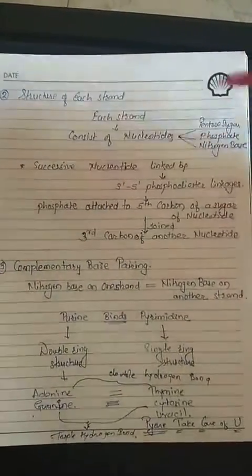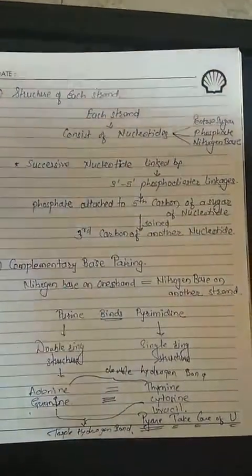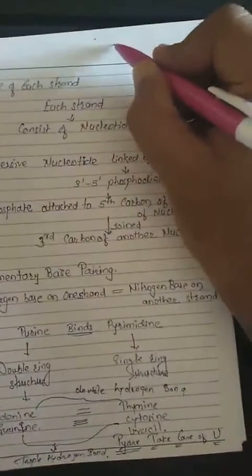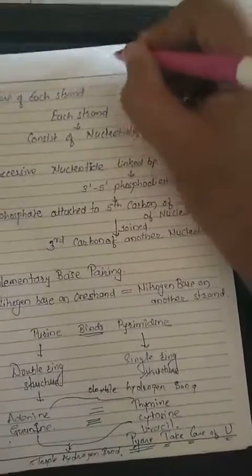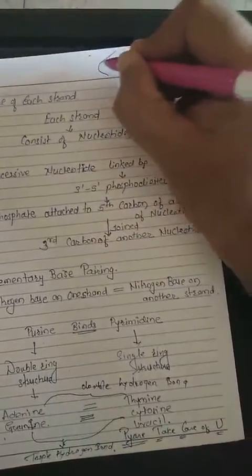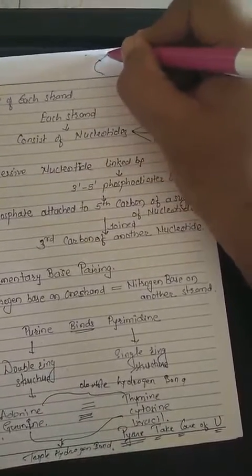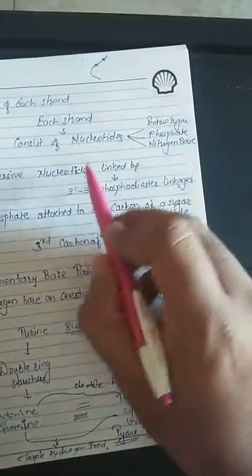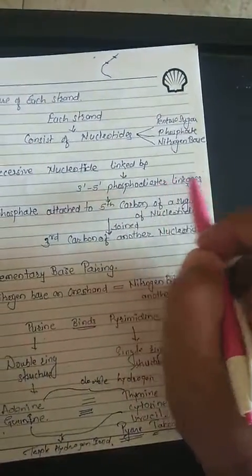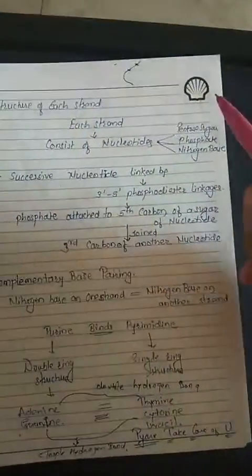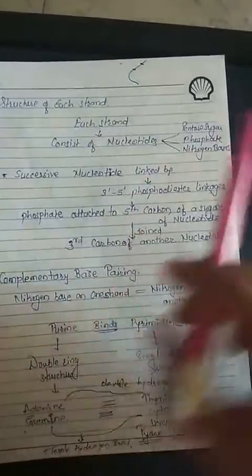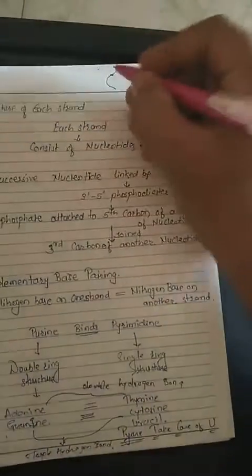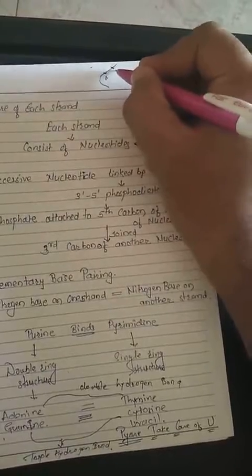Successive nucleotides are linked to each other. Suppose this is the DNA structure. This nucleotide and this nucleotide are linked together by a 3'-5' phosphodiester linkage. Suppose this is the adenine nucleotide and this is thymine.